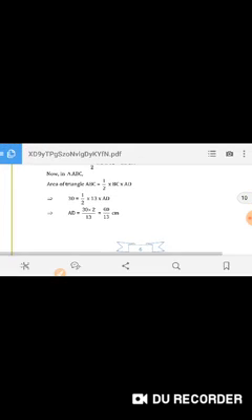So half into base into AD. The area of the triangle is 30, half as it is, 13 is BC, AD we keep as it is. If you transfer 2 to that side it becomes a multiplication, and 13 becomes a division here. So 30 into 2 divided by 13 gives 60 by 13 centimeter.